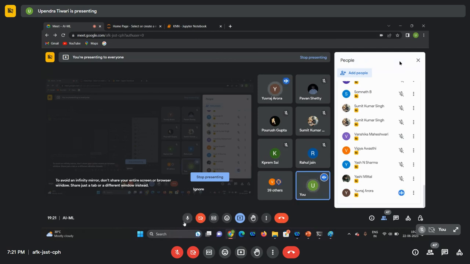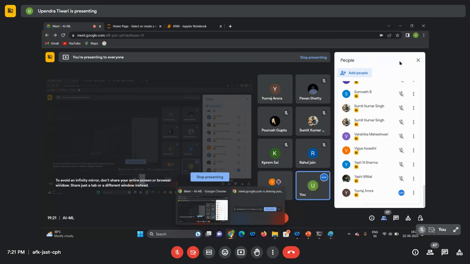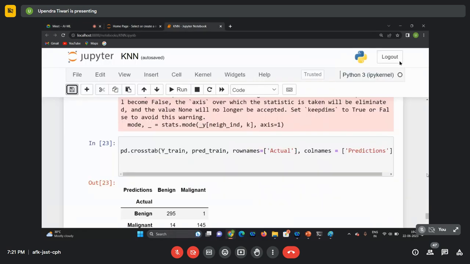Sir, I have a doubt. Yes, Yuvraj. Sir, when you showed us the line graph, how did you classify them like k9, k13, etc.? Try to understand here.